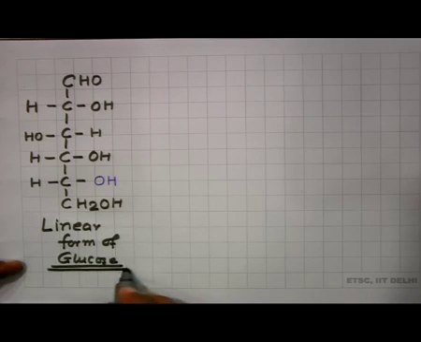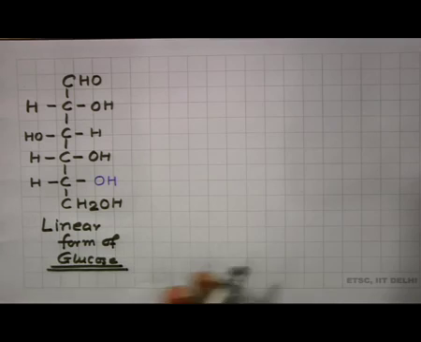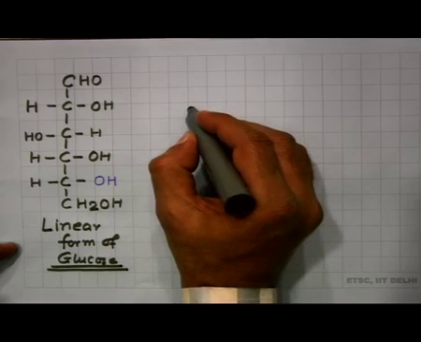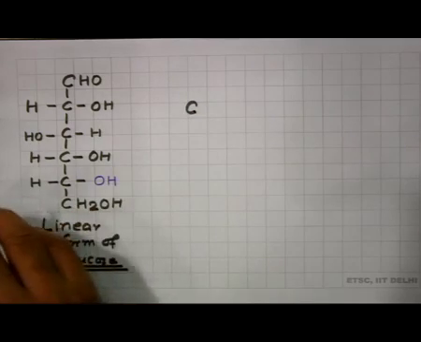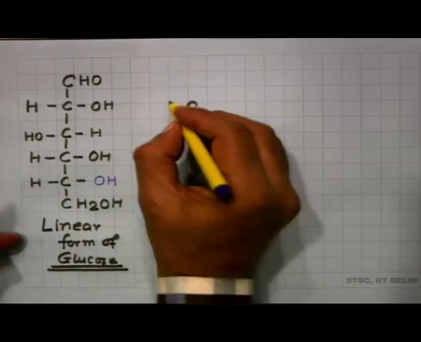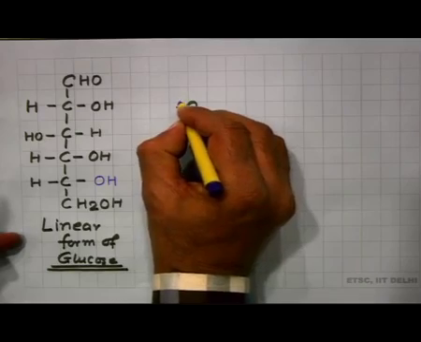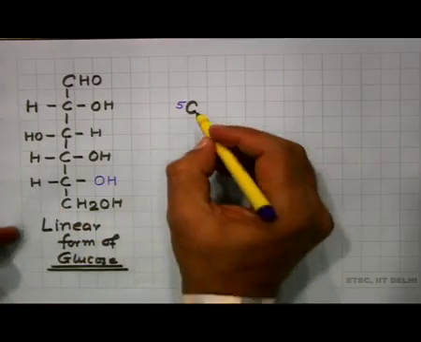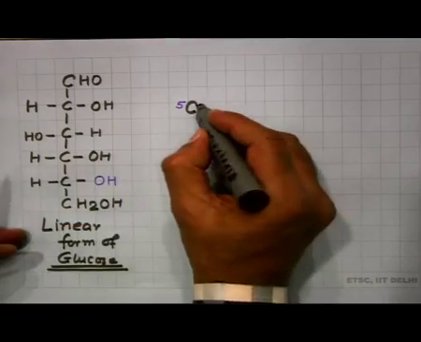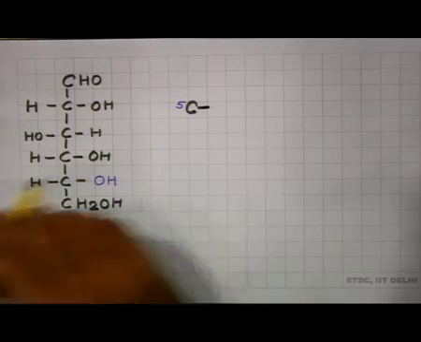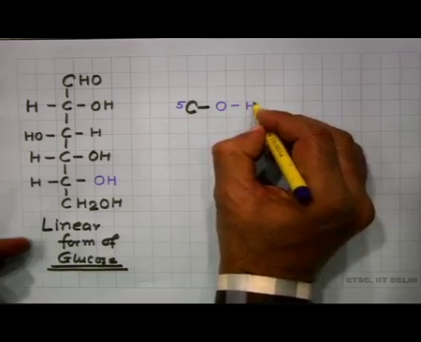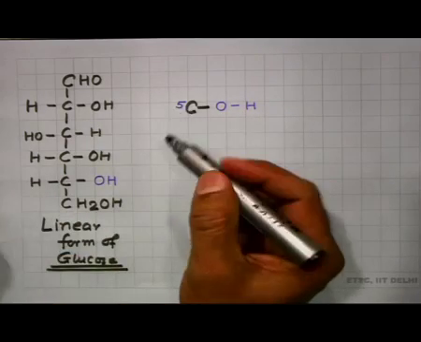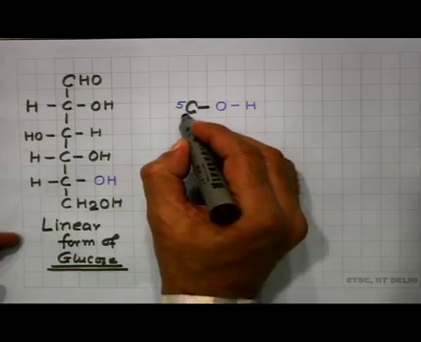Now, how do you make the ring form? Here, suppose this is the 5th carbon. At the 5th carbon this OH will take part in the formation of the ring.